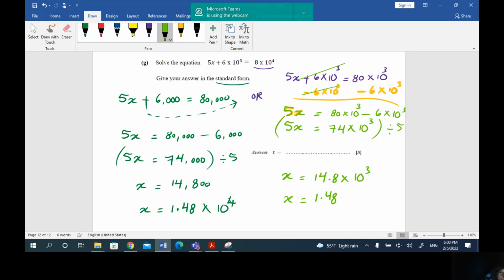So the number got smaller, right? 14.8 divided by 10 means it's going to be times 10 to the power of negative 1, times 10 to the power of 3, right?